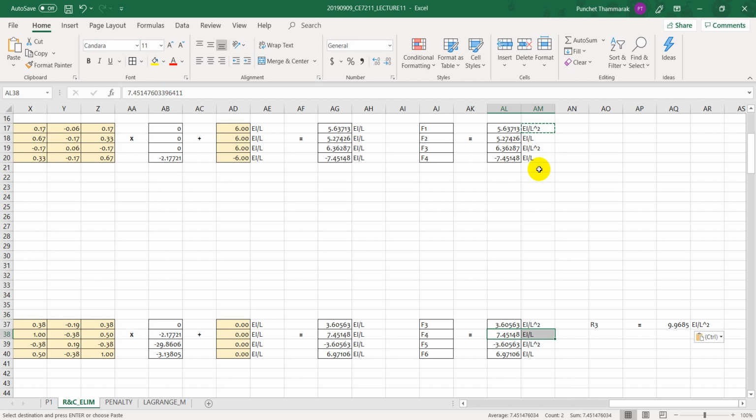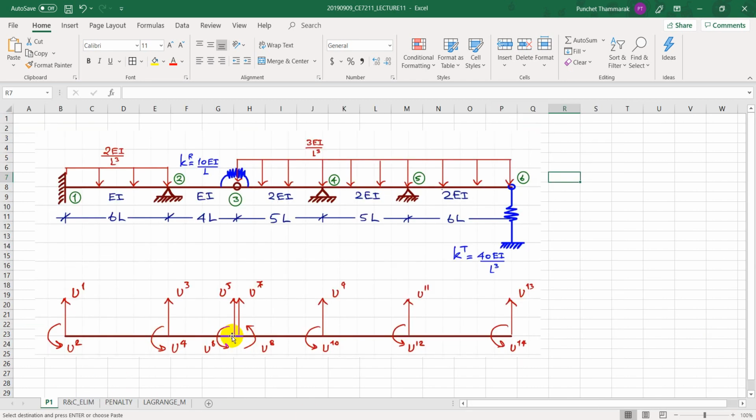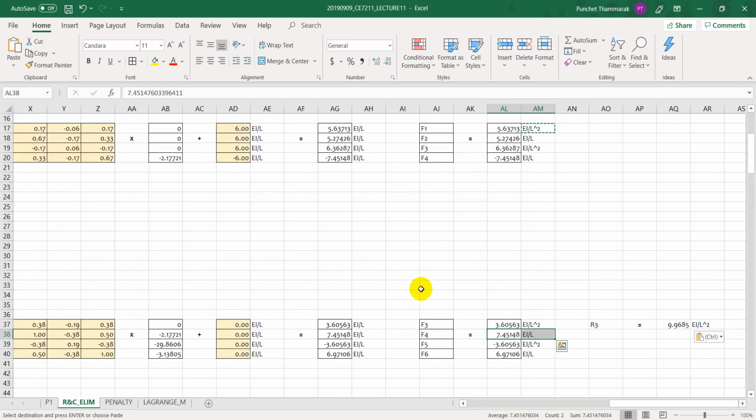Now next, F5. F5 is the force at the hinge. So this is the hinge force. This is a force which is coming from member number 3 that acts to member number 2 through the hinge. So the same force magnitude but in the opposite direction will be acting back to member number 3. So we will look forward to see the same force magnitude for number 5 and number 6.